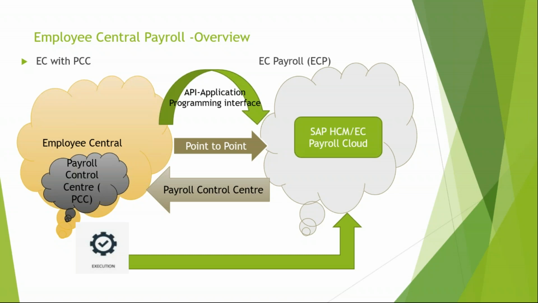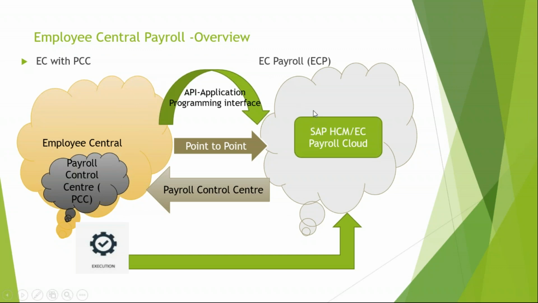That is four types of budget-related concerns from the client. Now with this, you already have an EC license, and you are maintaining data in the EC system. Through point-to-point replication, the data will transfer from EC to ECP.